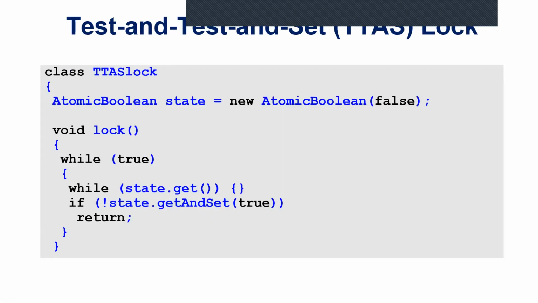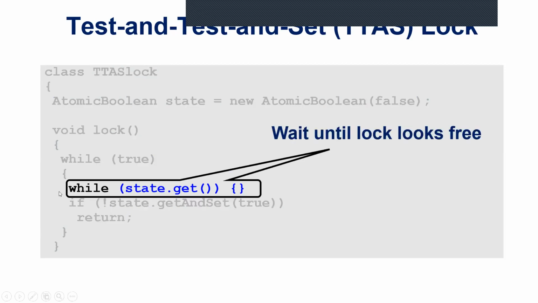Here is the code for the test and test and set lock. This is similar to the test and set lock. One statement we are adding here is this particular while loop, while state.get. Here, while state.get, wait until the lock looks free.